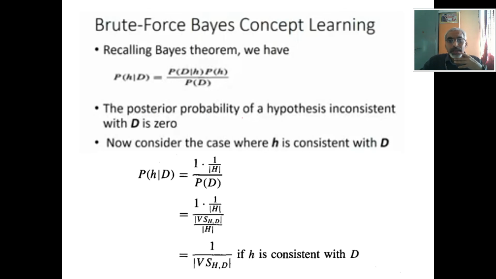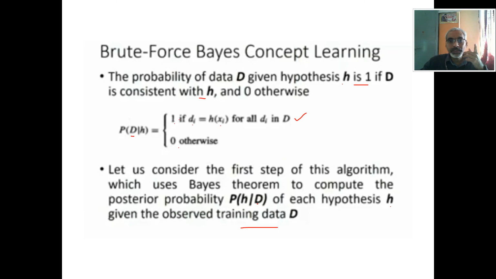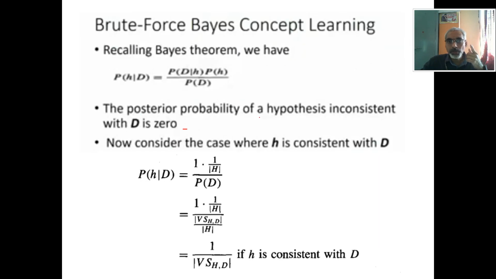Now the posterior probability of a hypothesis inconsistent with D is 0. Already we told, if it is consistent we mark 1, if it is inconsistent we mark it as 0, right?